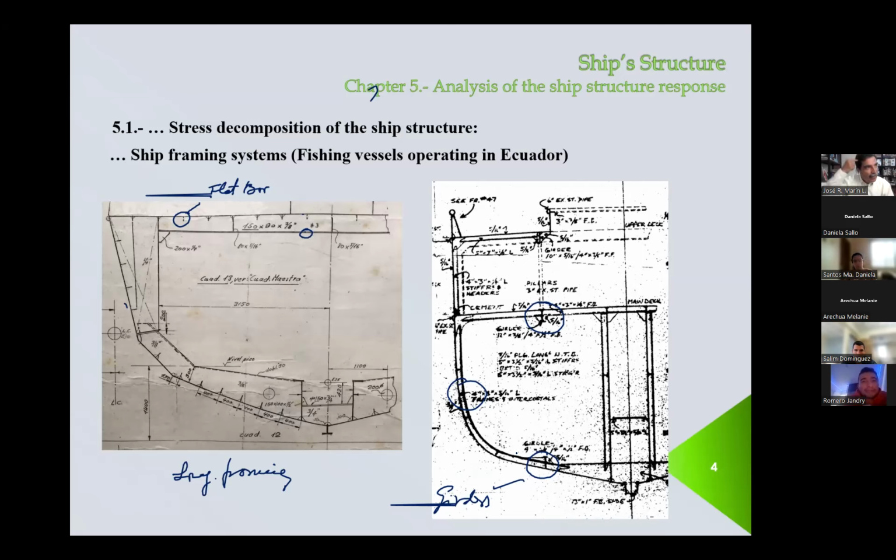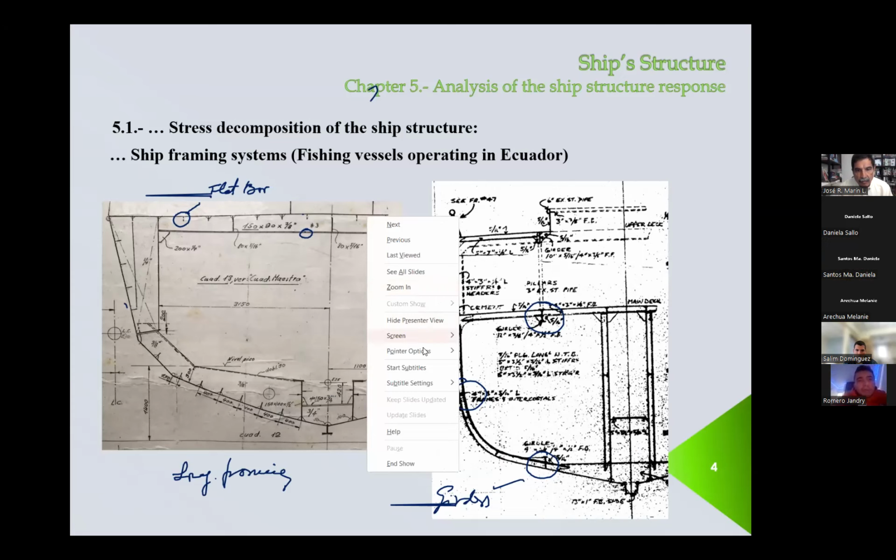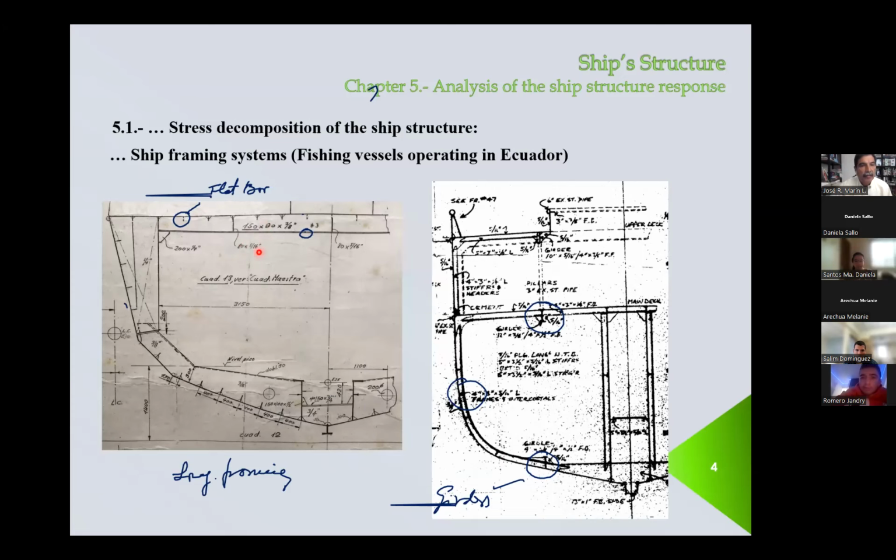Okay, so that's what I want you to keep in your mind. It's not just a matter of watching these things, it's having a physical idea of that. For example, on the left-hand side, see here, it's 150.